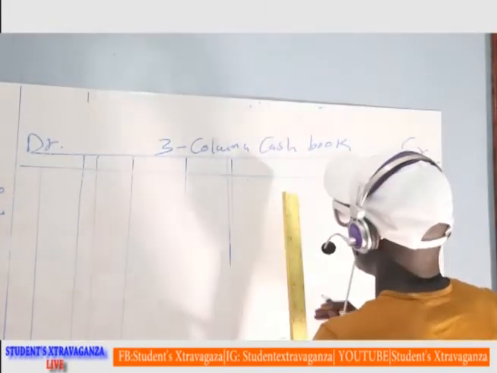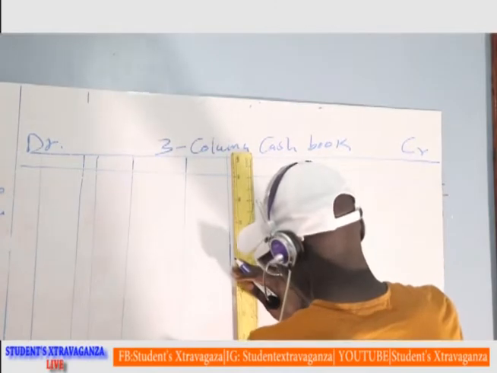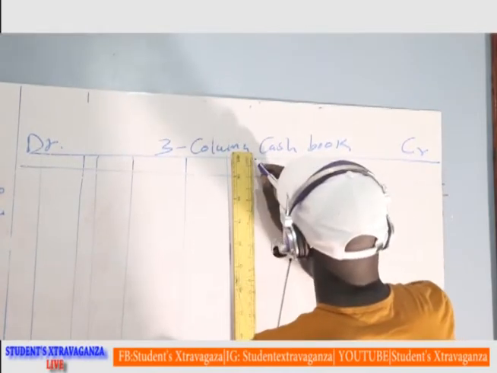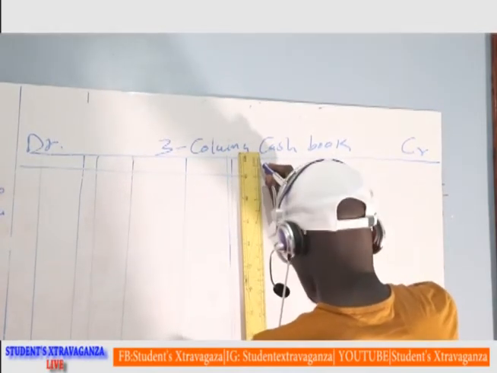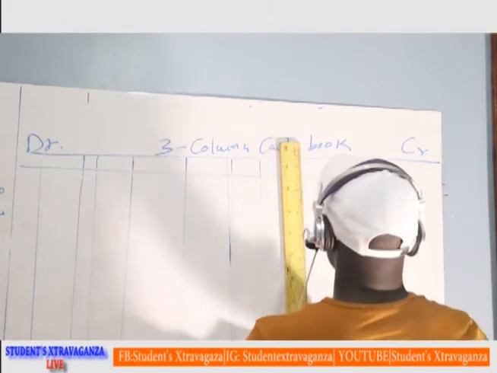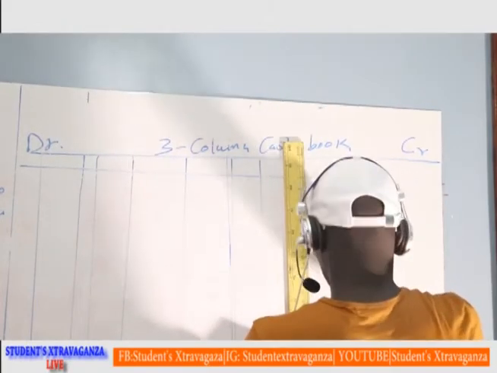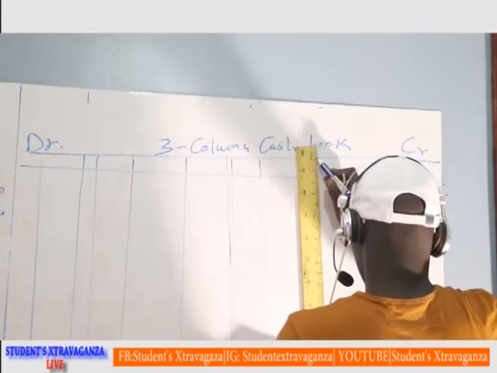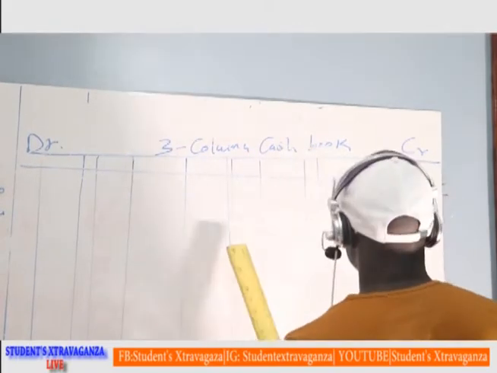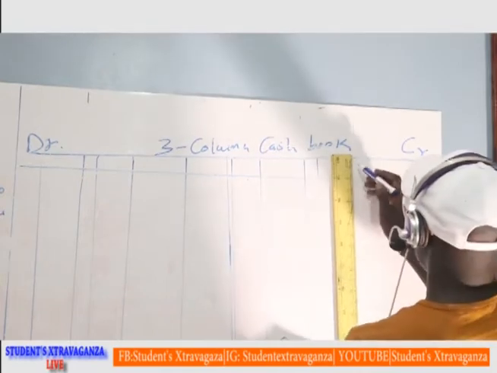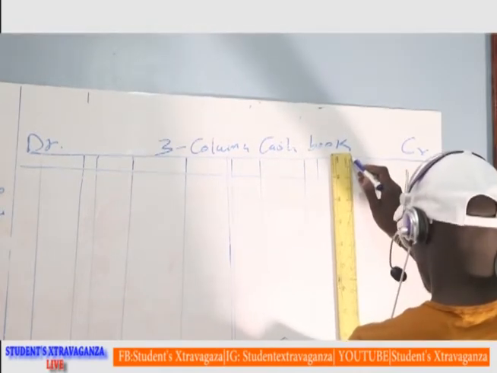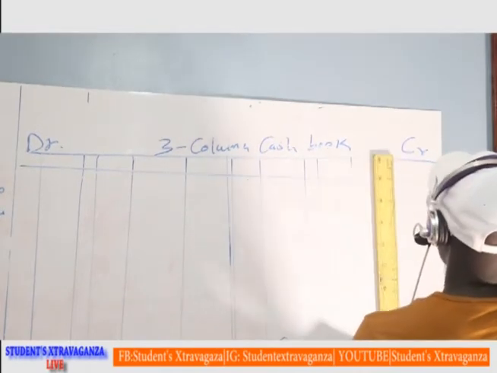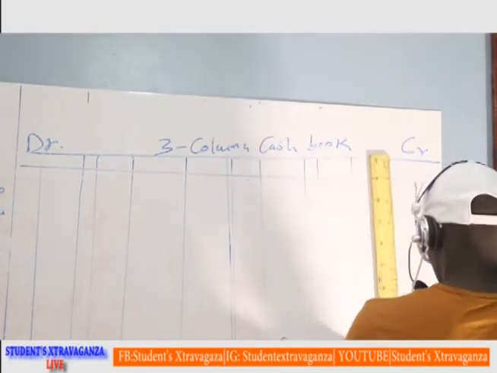On the other side again we have the date column, the details column, then the ledger folio column, then discount, then cash and the bank.